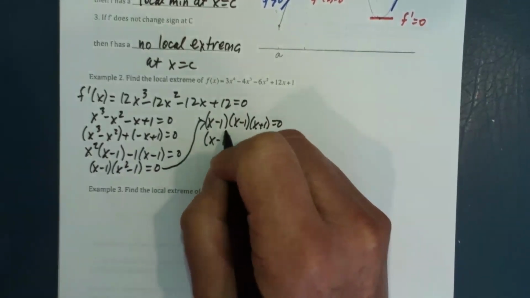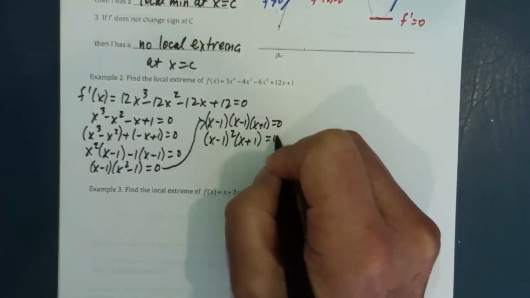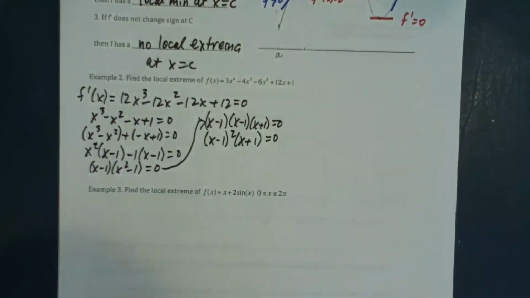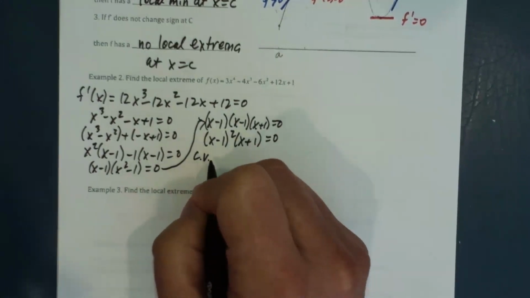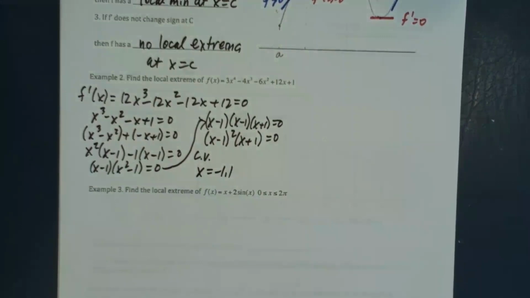And we're going to end with that. And our critical values are going to be x equals -1 and 1. And that is what we were going to test. I'm going to go ahead and do that here.